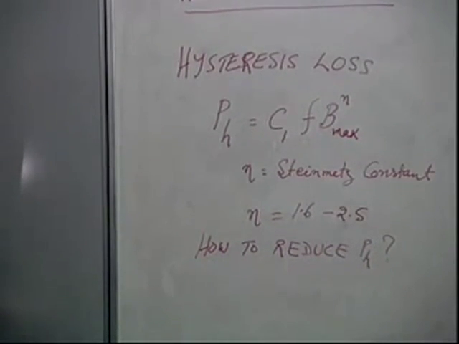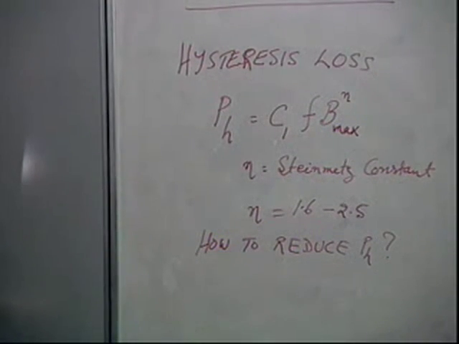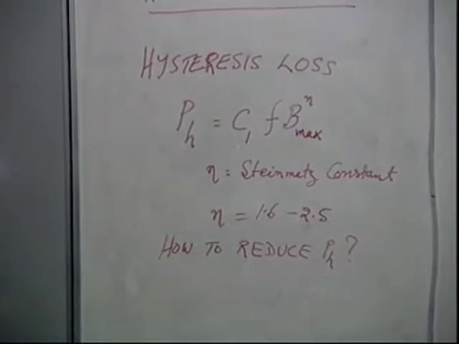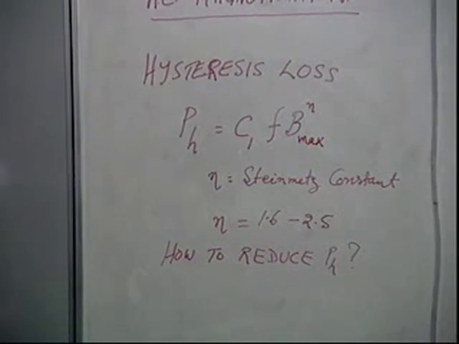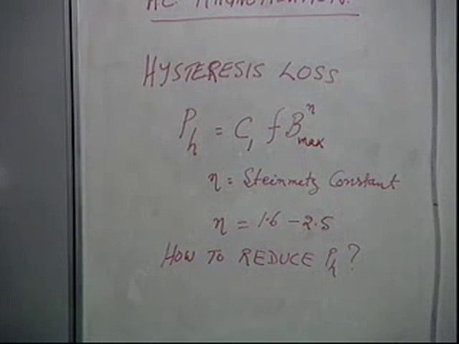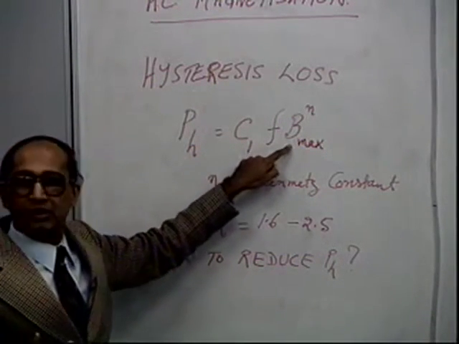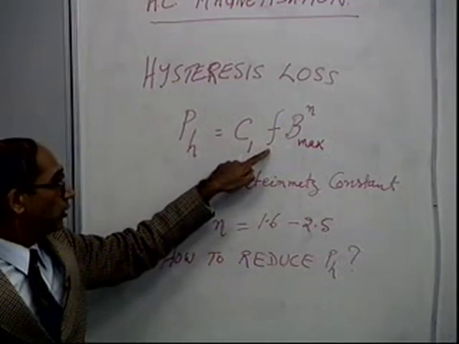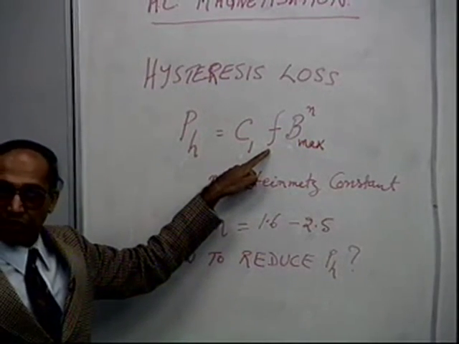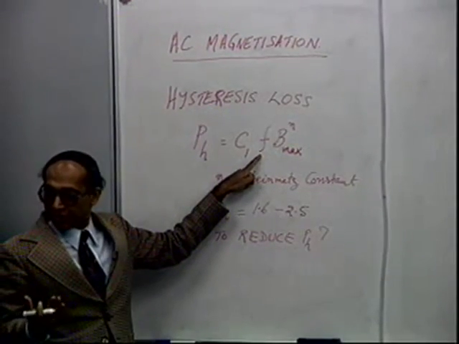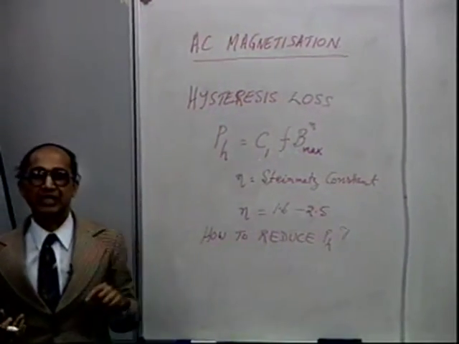Since you normally want to apply a rated voltage, the cores normally operate at a rated flux and rated flux density. Therefore, you would not like to alter this, and you would also like to operate at a nominal frequency. That is also fixed.